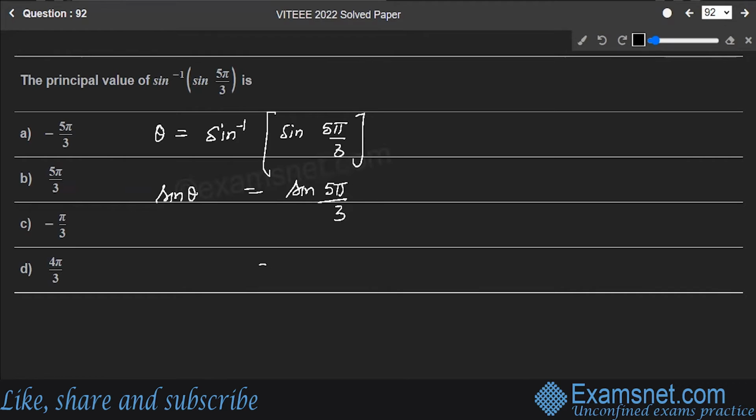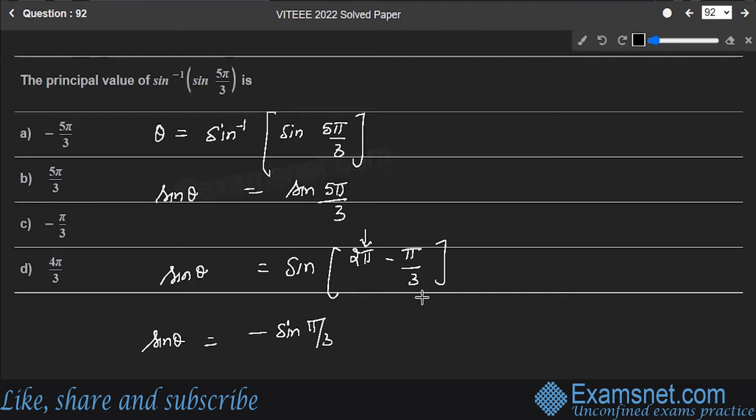Now sine 5 pi by 3 can be written as sine of 2 pi minus pi by 3. This is 2 pi, so sine will remain as sine, but this is lying in the fourth quadrant. In the fourth quadrant, sine is negative. So it will be minus sine pi by 3.